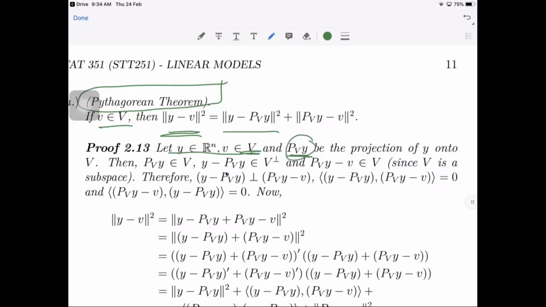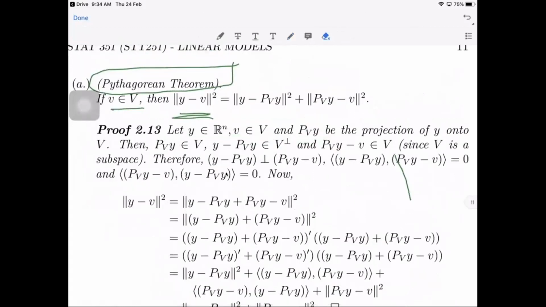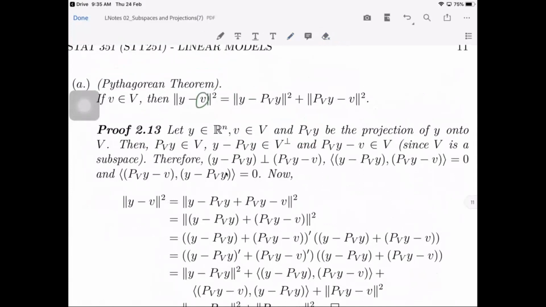Si projection o si V, pareha sila naa sa subspace V. So, this V is not necessarily the projection, no? This is another vector in V. Our projection is denoted by this. This is just another vector in V.